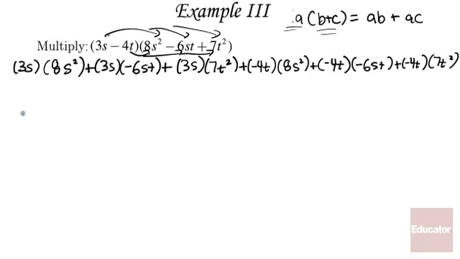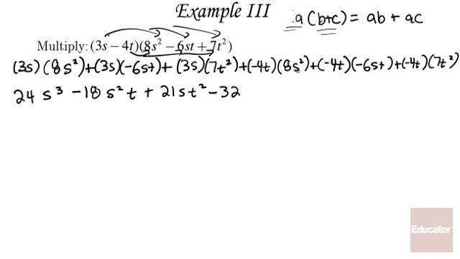Now I'm going to multiply the monomials times the monomials, and this is going to give me 24s cubed. 3 times negative 6, that's negative 18s squared t, plus 21st squared, minus, negative 4 times 8, so that's minus 32s squared t.